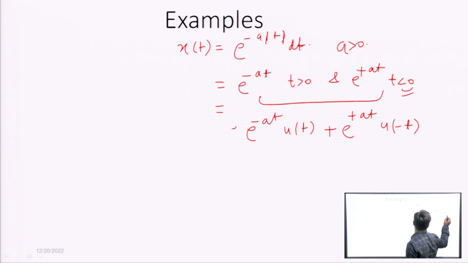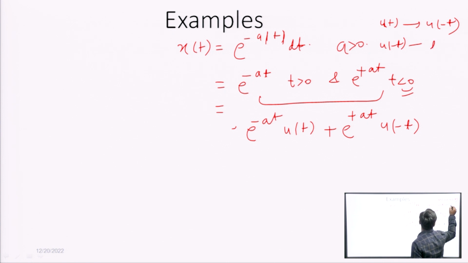So t less than 0 means u(t) becomes u(minus t), if you apply time reversal.